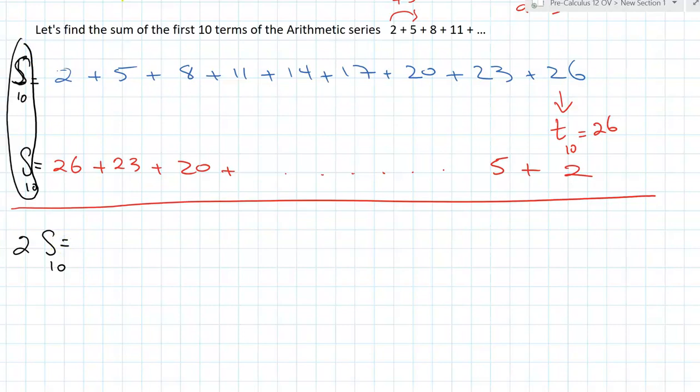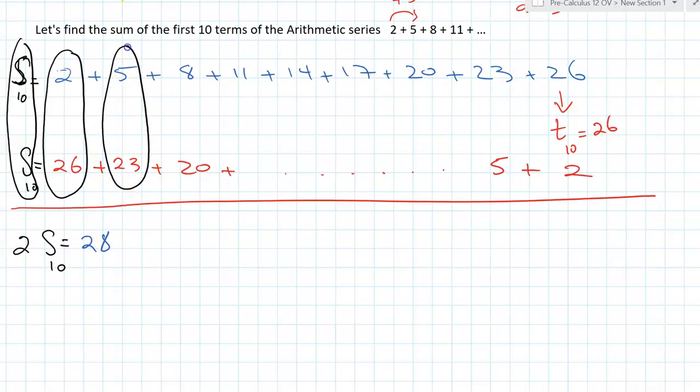But notice what happens every time we add these terms. We get 28. How about the next one? What do we get? Oh, 28 again. Is that a coincidence? I don't know. Let's do it again. Will we get 28 again?